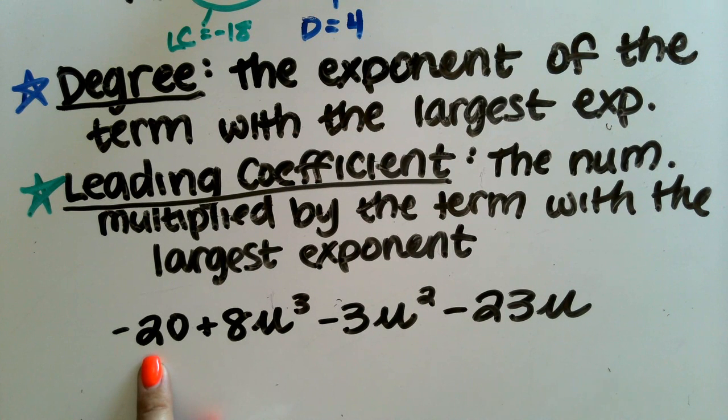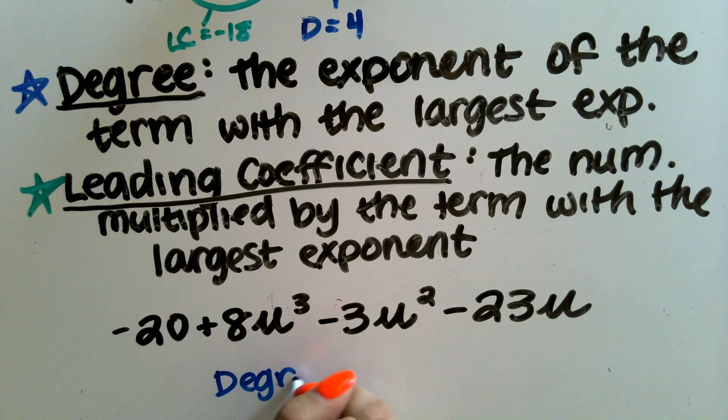We don't have a variable associated with our negative 20, so we know that our exponent there is 0. The exponent here is 3. We got an exponent of 2, and that invisible exponent of 1. So we know that the degree of this polynomial is going to be 3. That is the largest exponent in that entire polynomial.